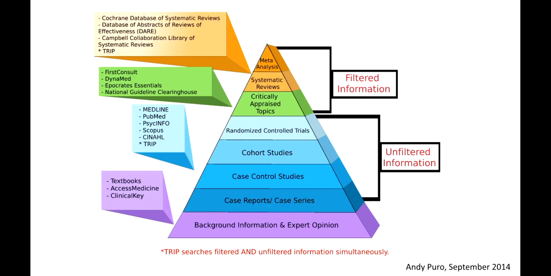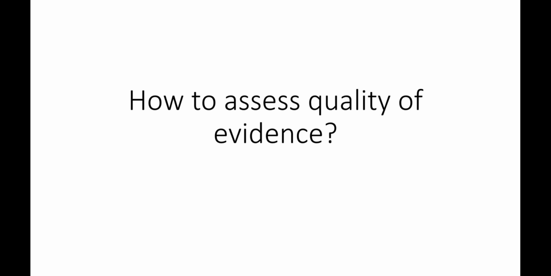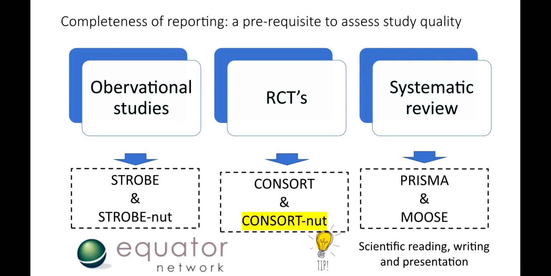And then at the very top of the pyramid, we go to systematic reviews and meta-analysis. Again, meta-analysis only when it's relevant and possible. So not always will a meta-analysis be conducted on a systematic review because it's simply not a good idea. Now, how do we assess quality of evidence?